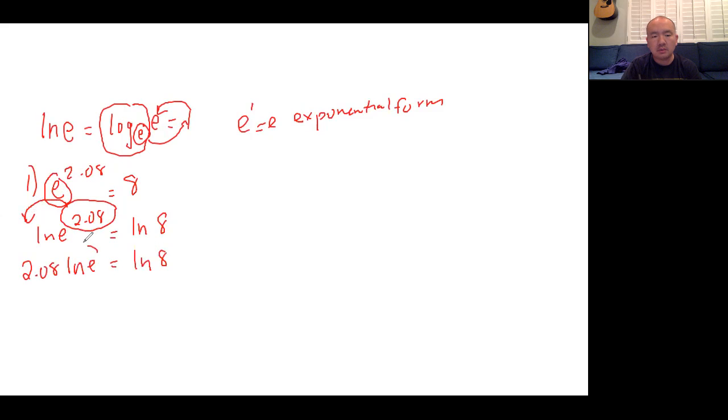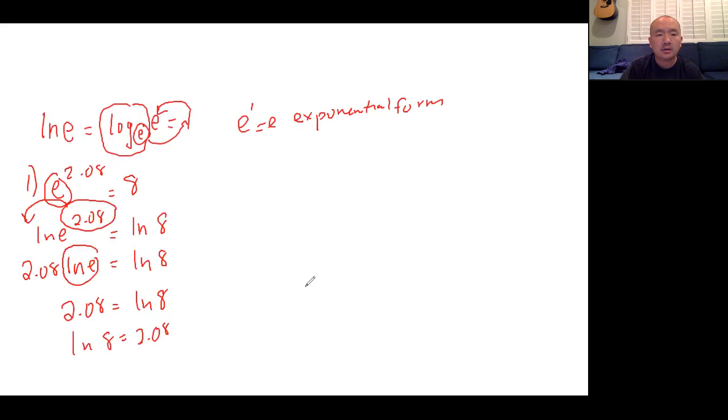Now keep in mind, remember we just mentioned that the ln of e is equal to 1, so it'll be 2.08 is equal to the ln of 8. We got it. So the ln of 8 is equal to 2.08.